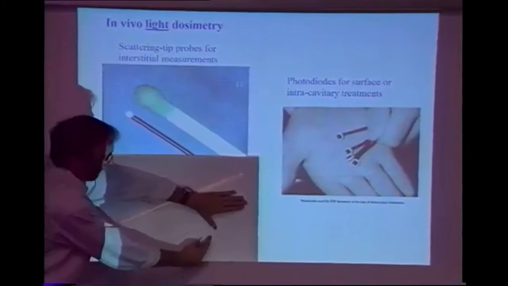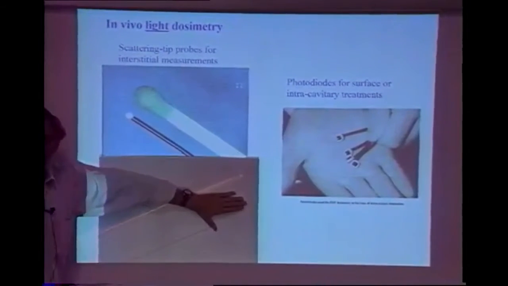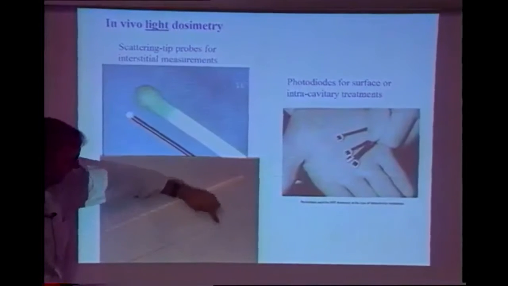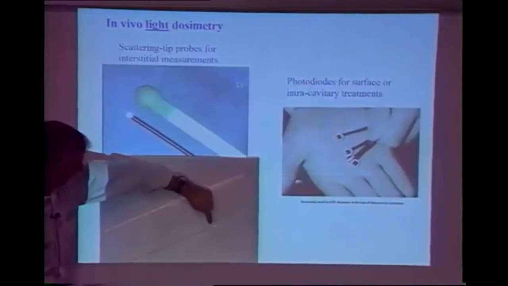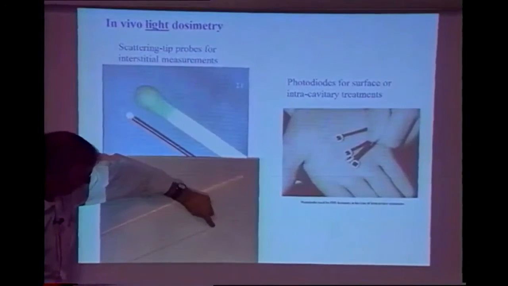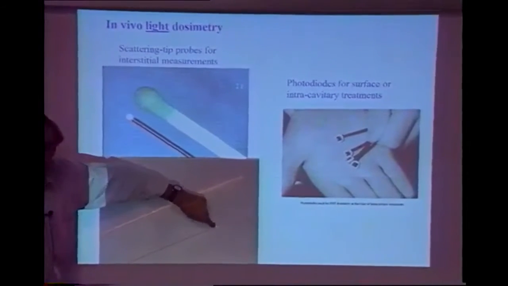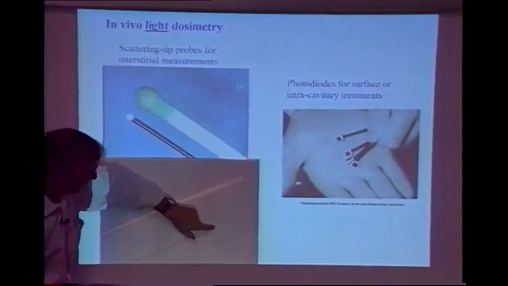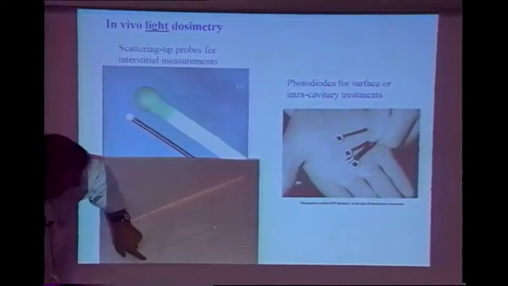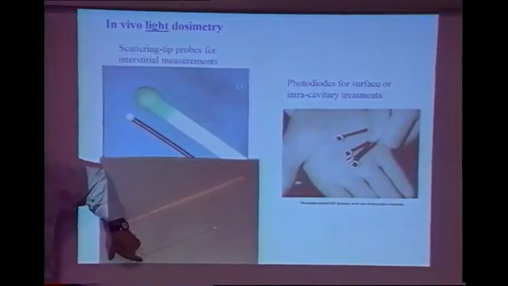If light is coming from this direction, it will not be detected. So the idea of this tip is to make the light equally probable to go down the fiber by having it multiply scattered inside here. Whichever direction the light hits, it gets multiply scattered, randomized in the tip, and a certain fraction goes down the fiber and is detected.